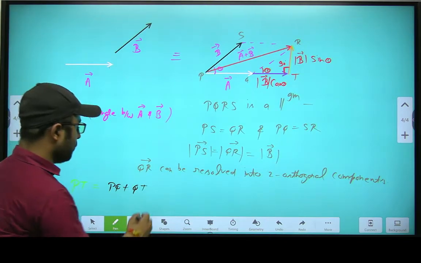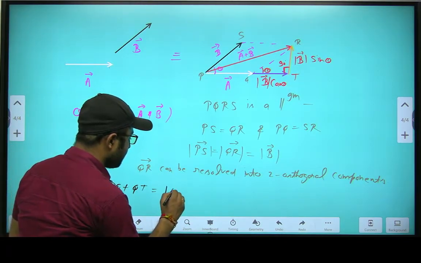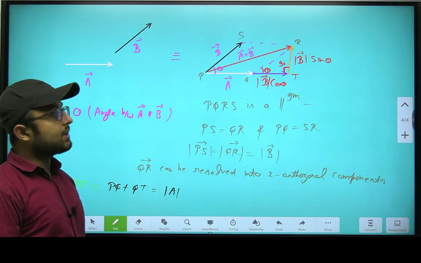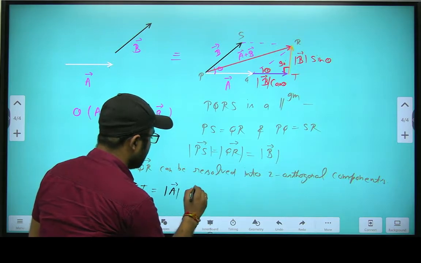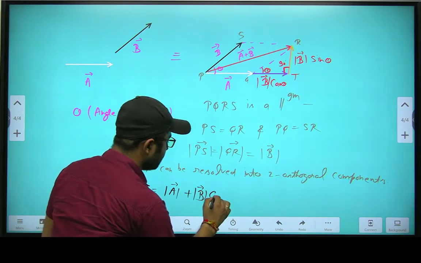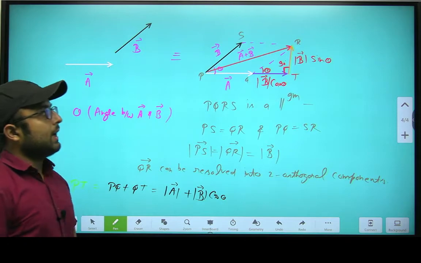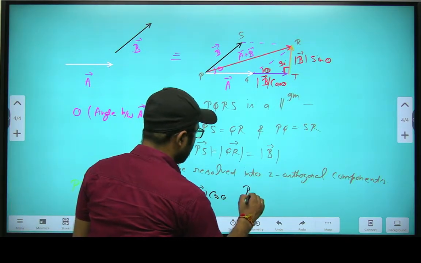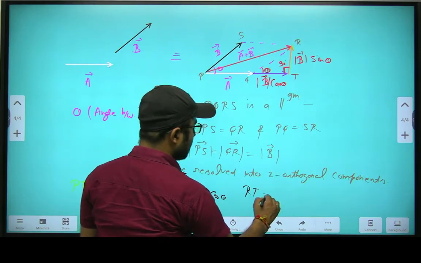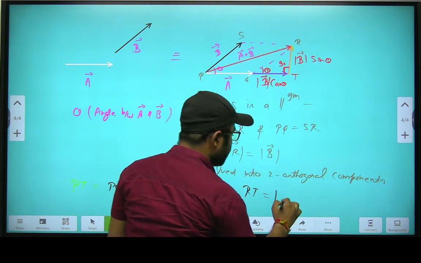And what is PQ? Mod of vector A. And what is QT? That is mod of vector B into cos theta. And side RT can be written as mod of vector B sin theta.